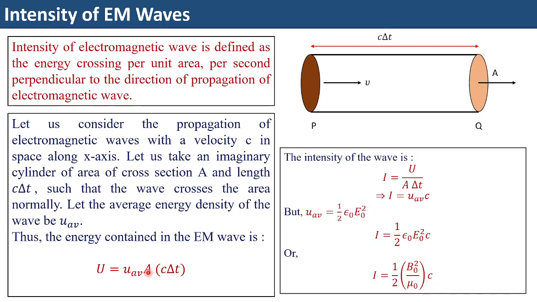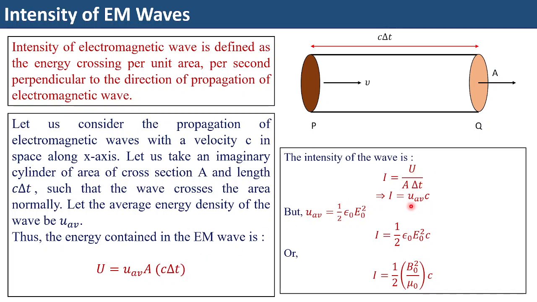So if I do that, by the definition of intensity, I get intensity is equal to U upon A t, isn't it? Because the intensity means total electromagnetic energy divided by the area and time. So that itself means U is U average A C delta t.